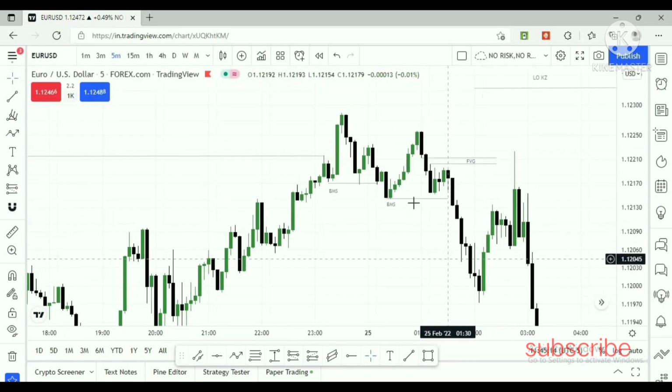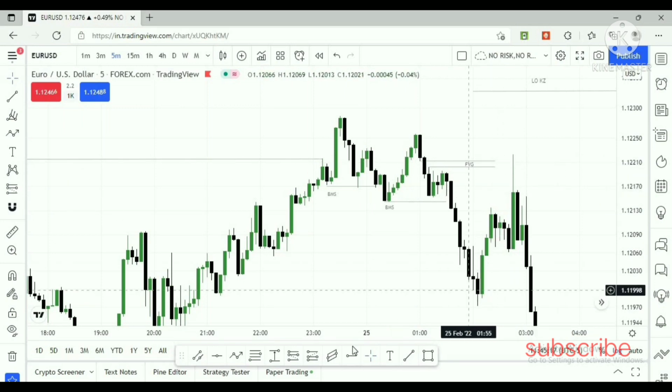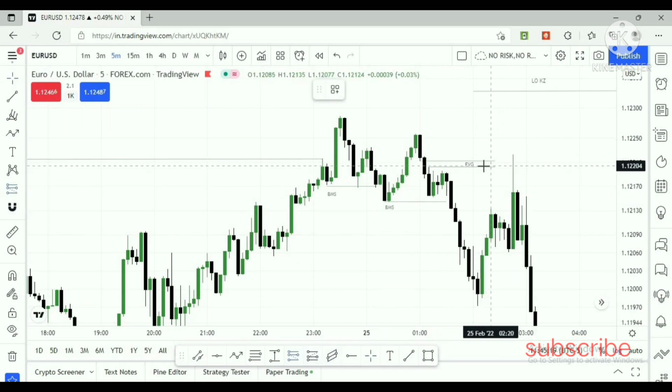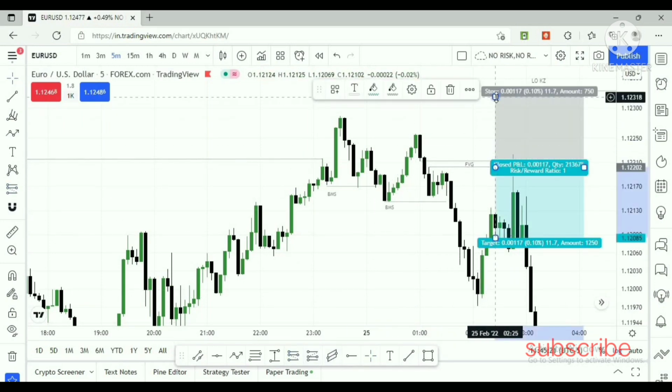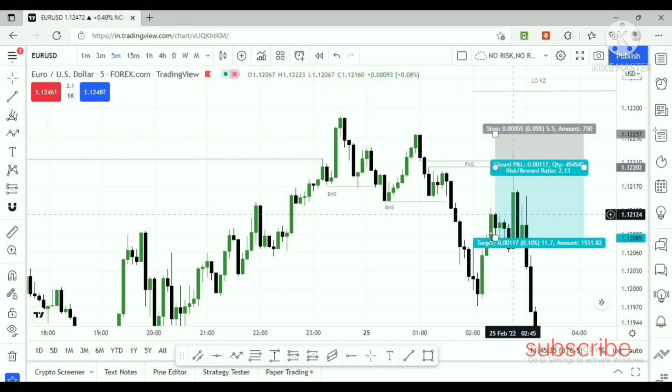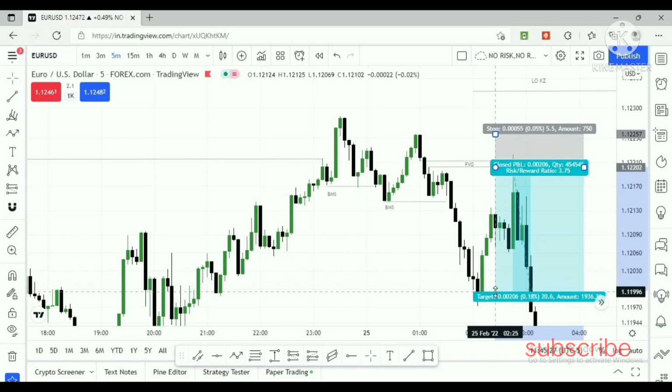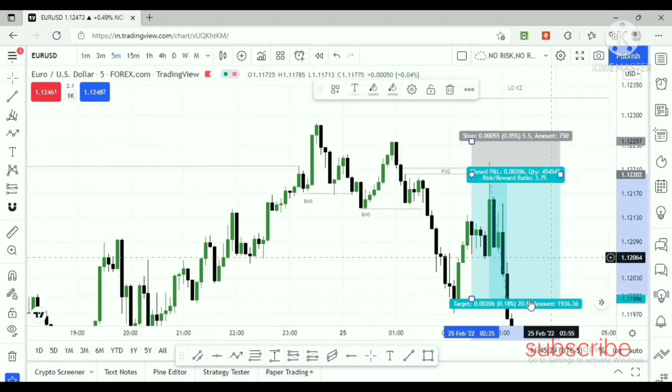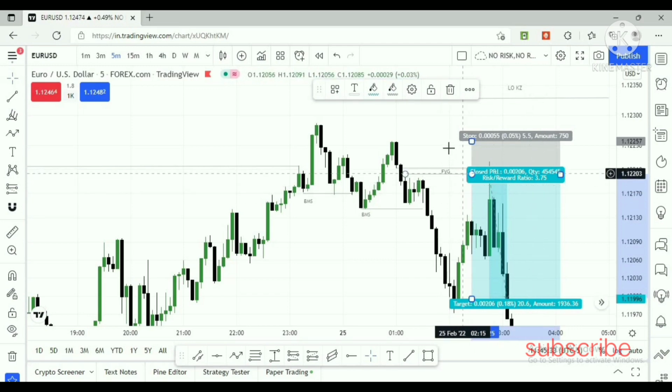That is Model 12. Here's our stop loss, 20 pips. You can see 20 pips is almost 1 to 1 risk-reward. 5.5 pips is our stop loss, TP is 20 pips.